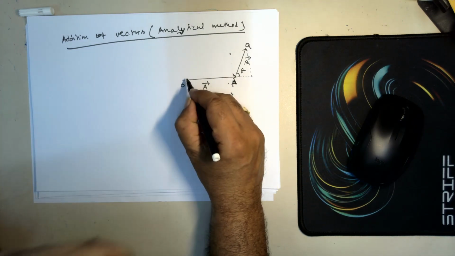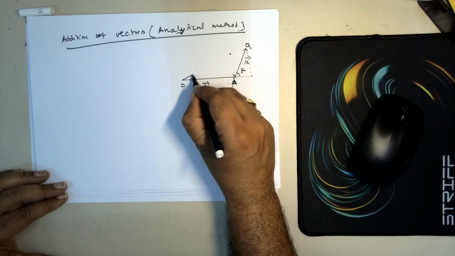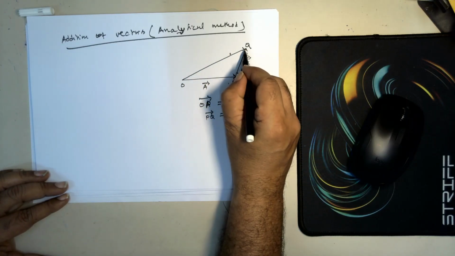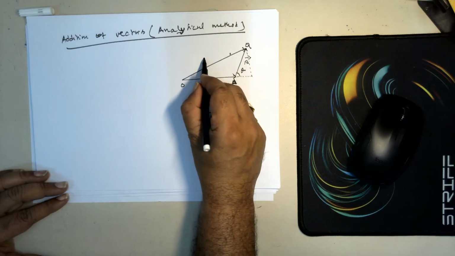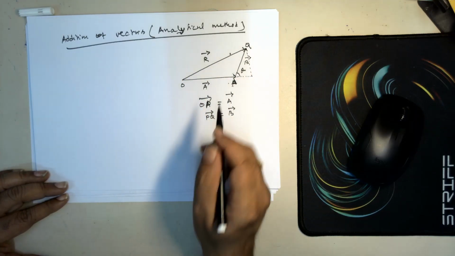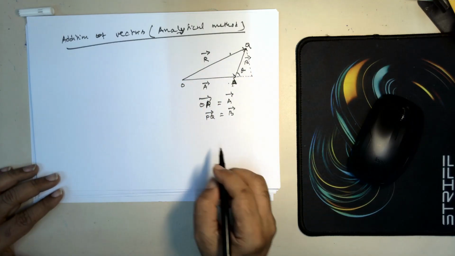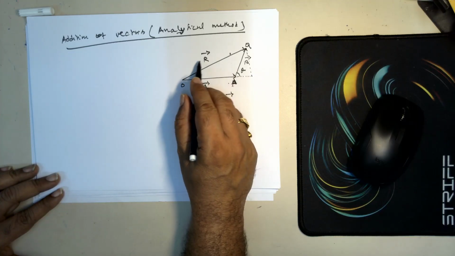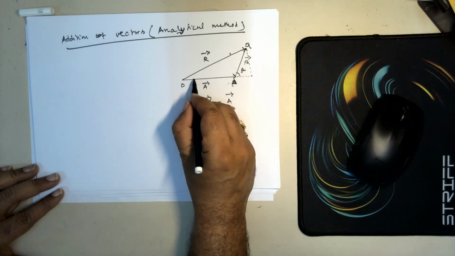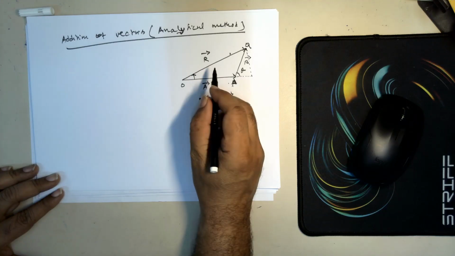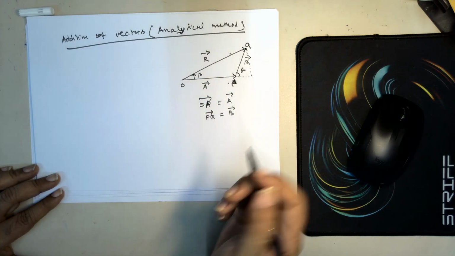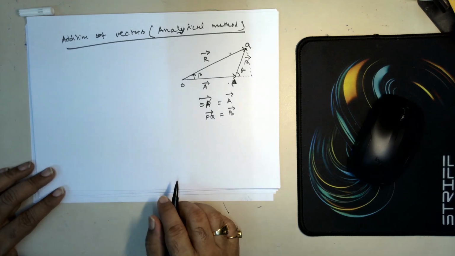And now this OQ, okay, that is the resultant vector R. Take down, that is the resultant vector R. And the angle subtended by the resultant vector to the original vector A is beta. Okay, take down this as beta.